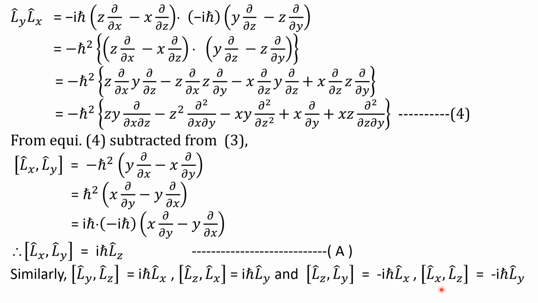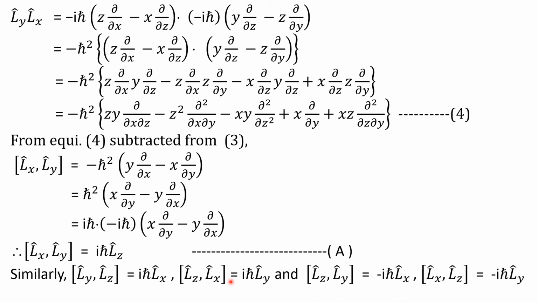Similarly, for [Lx, Lz]: since [Lz, Lx] is in cyclic order, if we interchange the order of the two operators and write Lx first, then Lz, it is minus of [Lz, Lx], and the [Lz, Lx] value is i h cross Ly. Hence we write minus i h cross Ly.